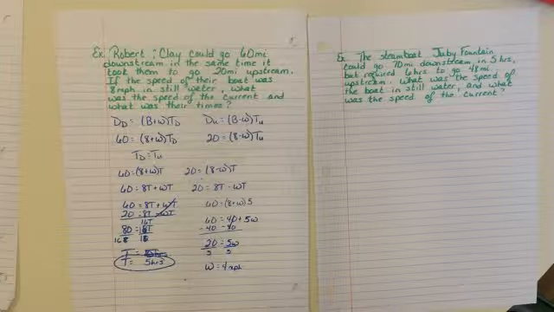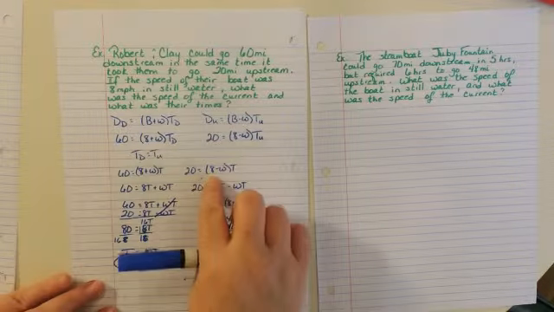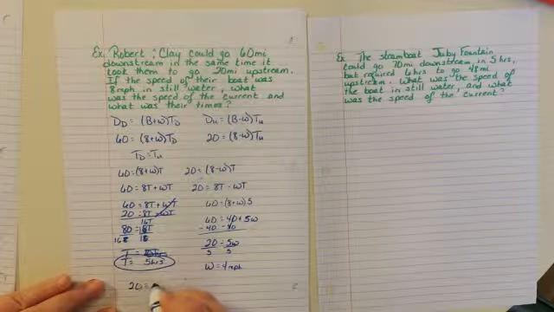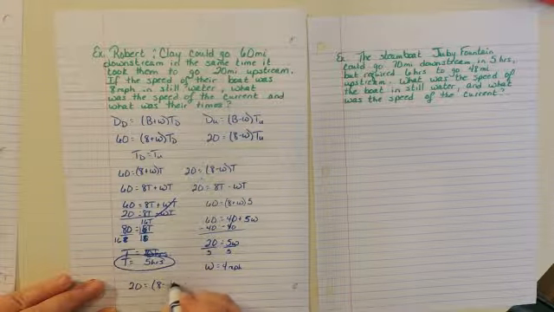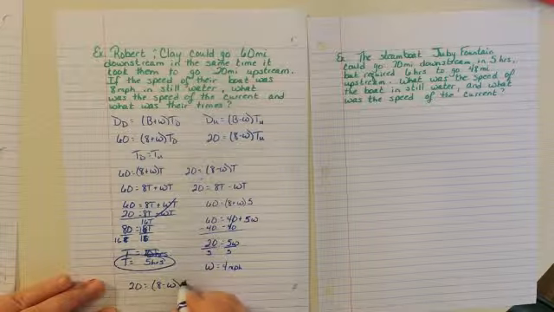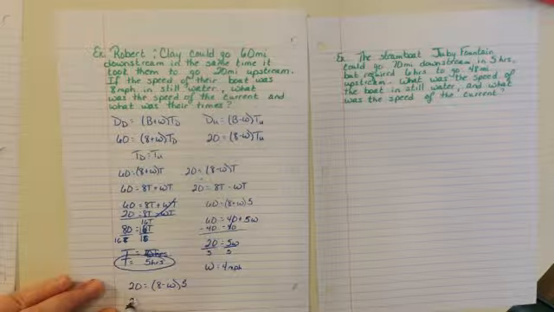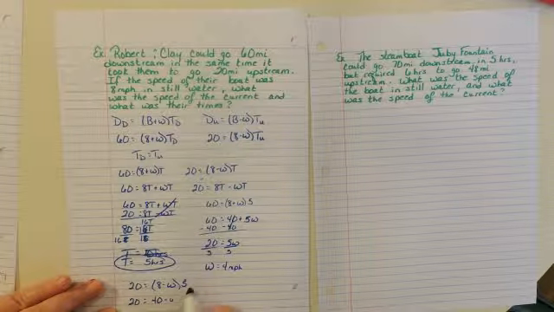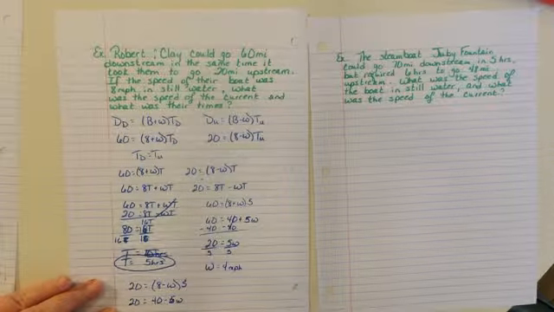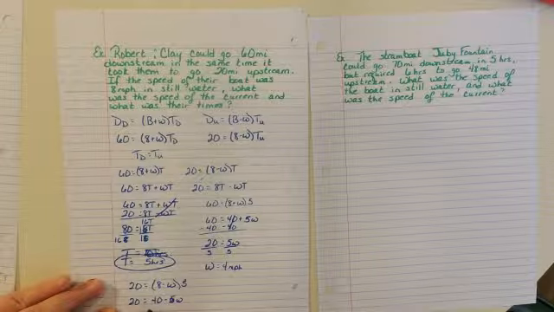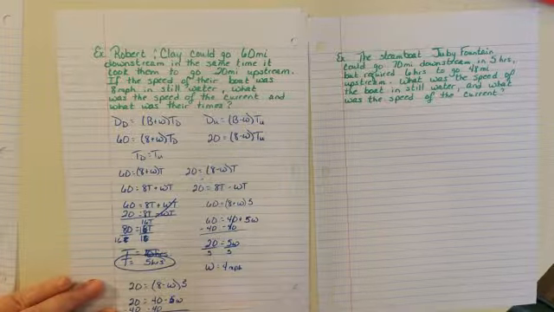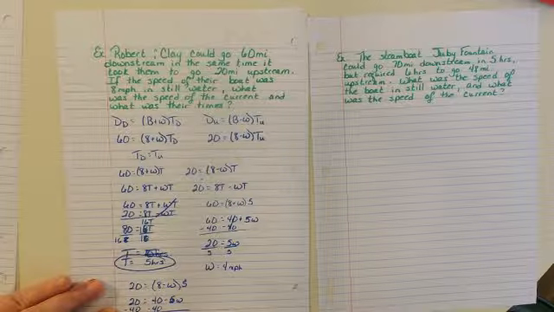Okay? Let's check that by also substituting into this one. We have 20 equals 8 minus w times 5. 20 equals 40 minus 5w. Subtract 40 from both sides, and we have negative 20 equals negative 5w.